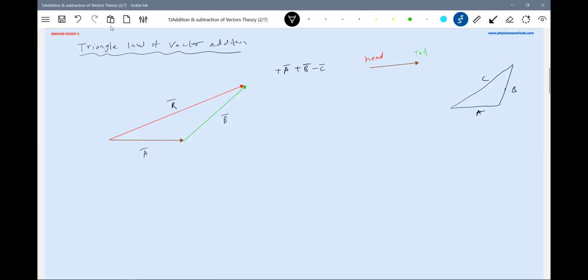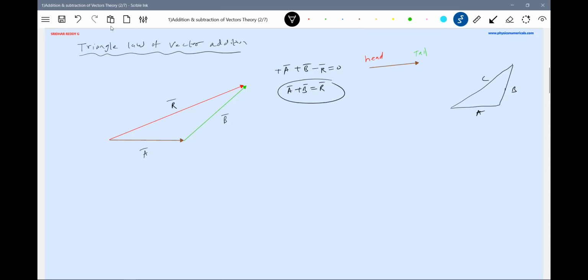Or here we'll write r bar, the resultant, equal to 0. Therefore a bar plus b bar equal to r bar. So what is R? R is the resultant. The third side taken in opposite sense or opposite order will give the resultant of these two vectors.